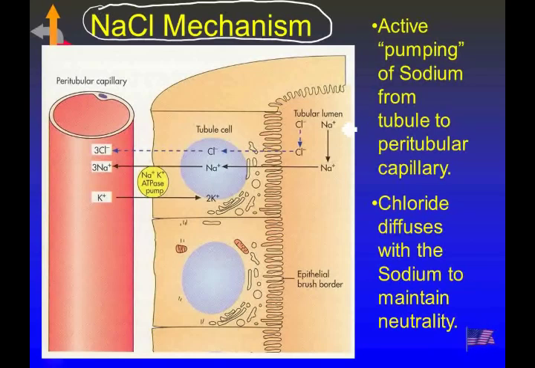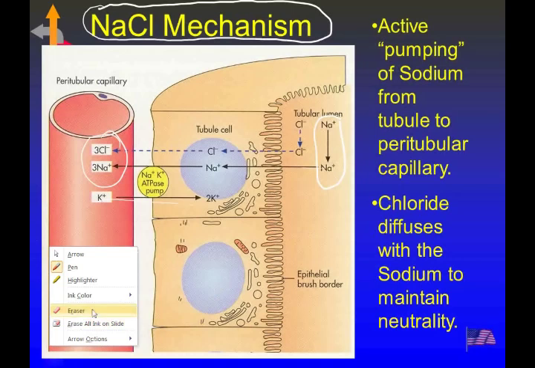Sodium inside the tubule, this is what would ultimately become urine, is pulled back in, exchanged for potassium. To maintain some neutrality, you also pull back chloride with it. So that's the active mechanism for pulling sodium back in. Let me write something here.